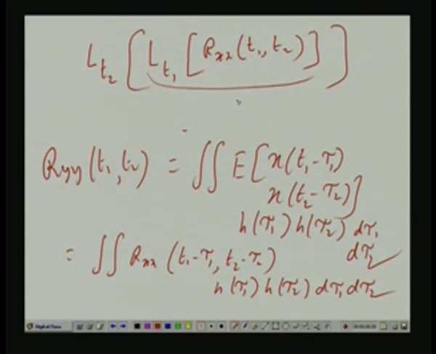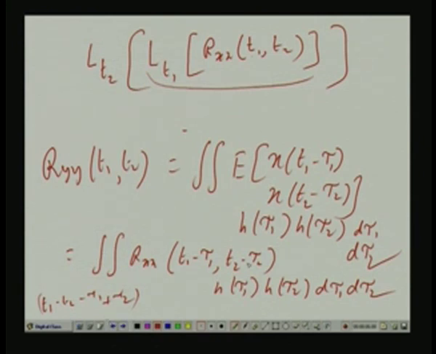A particular thing you see: if input is wide sense stationary, if x is WSS, then obviously R x x of T 1 minus tau 1 comma T 2 minus tau 2 will be a function of just T 1 minus T 2 minus tau 1 plus tau 2. Tau 1 and tau 2 are integration variables.